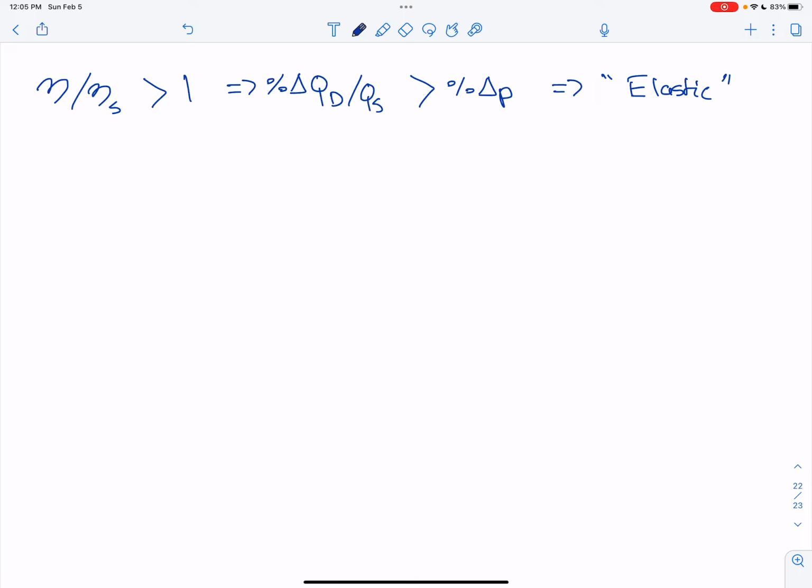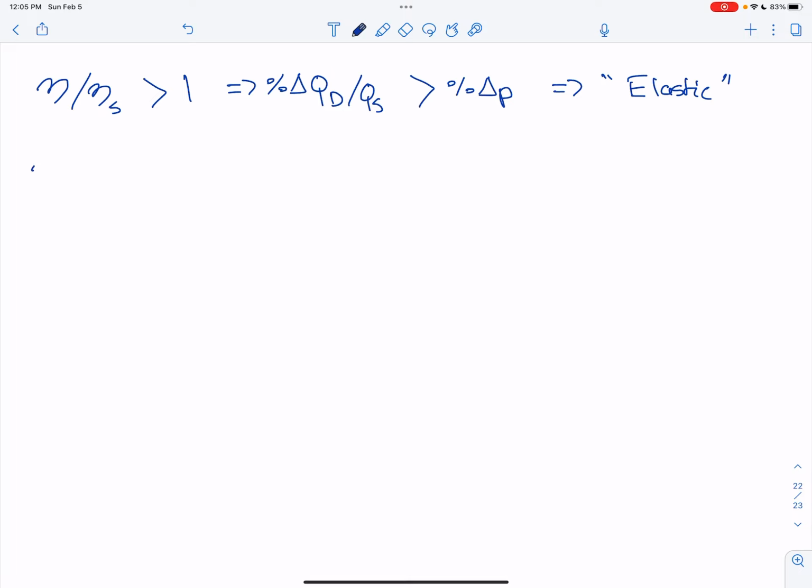So if eta or eta S, so either price elasticity of demand or supply, is greater than 1, then this implies that the percentage change in quantity demanded or quantity supplied is greater than our percentage change in price. And this means that either our demand or our supply is elastic.